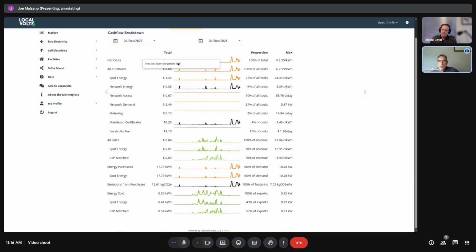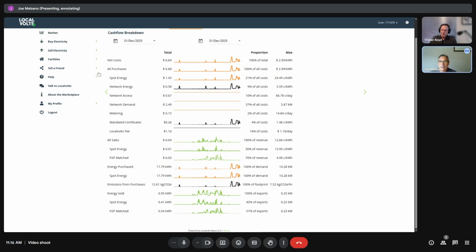Sure. So we've got our total, our net costs, which is going to be all of our purchases minus all of our sales. So we can see here that we paid $6.68 during the day for electricity and sold 4 cents. This would have been all solar export through the middle of the day.